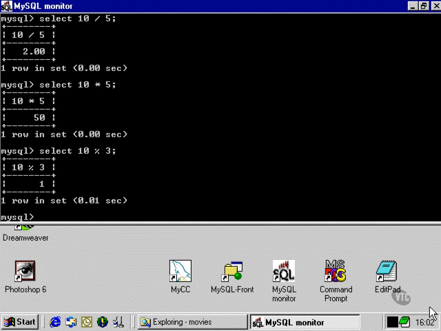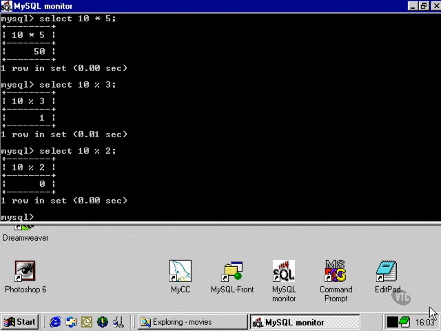So whatever's left over is passed back as the answer to that particular statement. In this case, 1, because although 10 doesn't go into 3, 3 threes are 9, and then 1 is left over. Whereas, for instance, if we said 10 modulo 2, because 10 is a multiple of 2, we get 0 as a result.